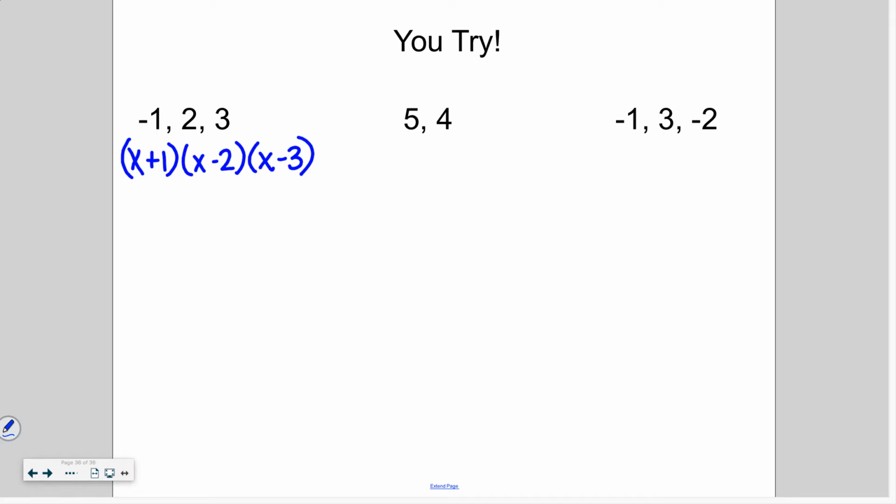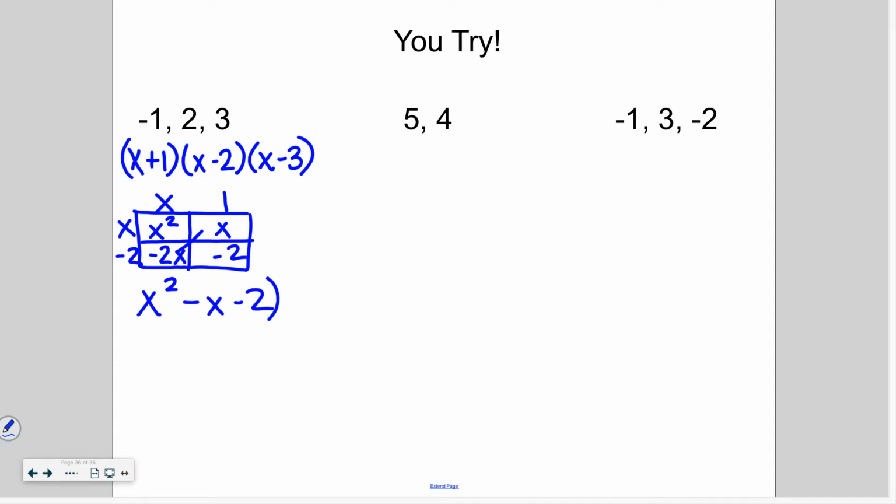Now if I box this, I have x and 1 and x and negative 2. So x squared, x, negative 2x, and negative 2 combined. So I have x squared minus x minus 2. Then I'm going to bring down my x minus 3 and I'm going to box one more time.